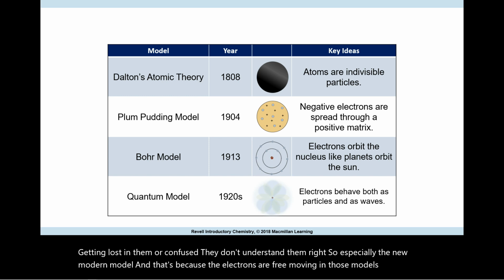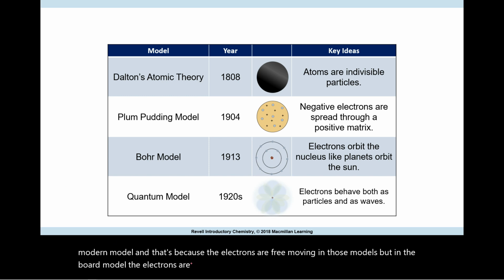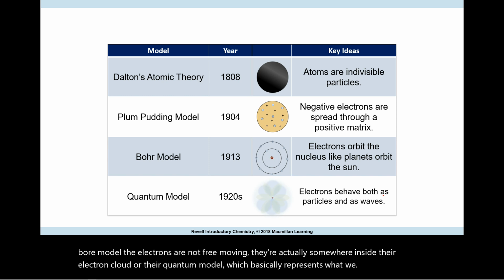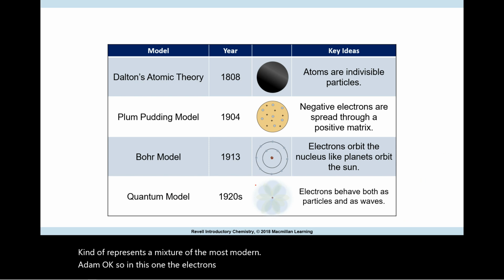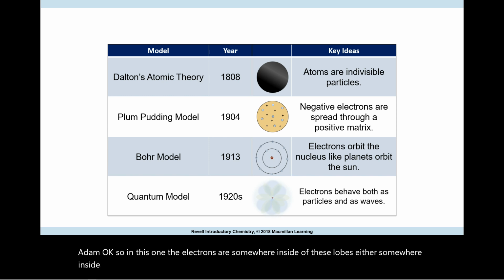But in the Bohr model, the electrons are not free moving. They're somewhere inside their electron cloud or their quantum model, which kind of represents a mixture of the most modern atom. In this one, the electrons are somewhere inside of these lobes.